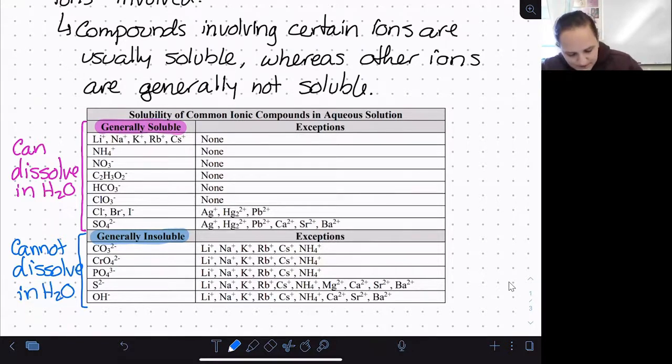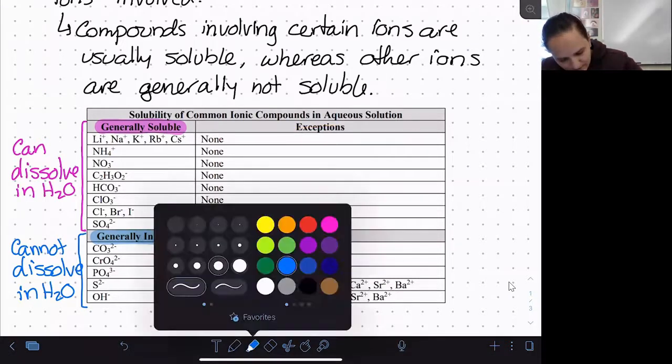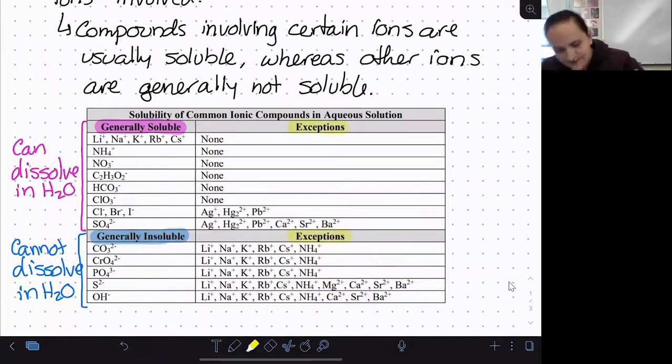But you will notice that in both cases, we have exceptions. For many of the ions there aren't any, which is nice. It's always nice when there are no exceptions to the rules. But for certain ones, we do have lists of exceptions.